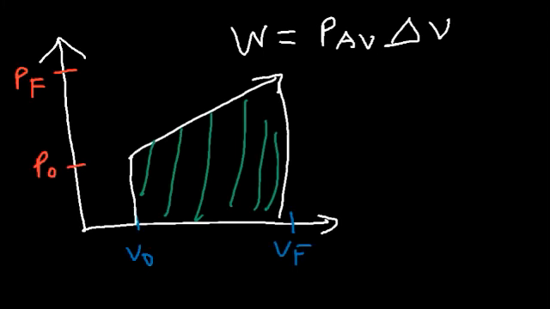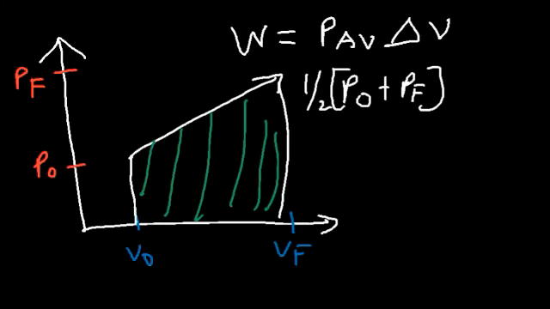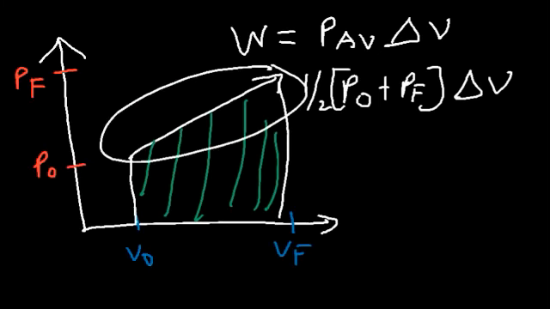You still use the equation P delta V, but to find the average pressure, you simply add up the initial and the final pressure and divide it by 2. So the work performed is 1/2 the sum of the two pressures times the change in volume. That's if the pressure changes at a constant rate. It can increase or decrease. As long as that line is a straight line, you can use this equation.